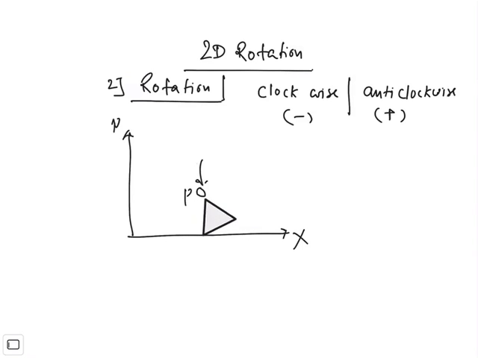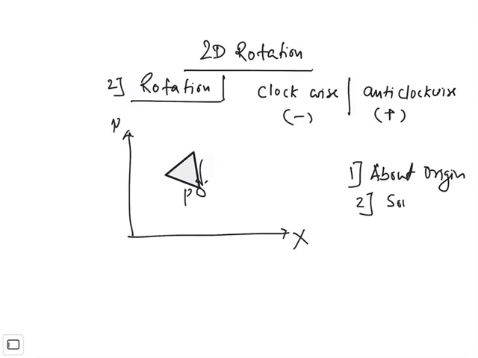So the triangle is rotating about the fixed point. So we can see that there are two operations that can be performed on a triangle rotation. Number one is about the origin, as we have seen earlier, and number two is about some arbitrary point or some fixed point.